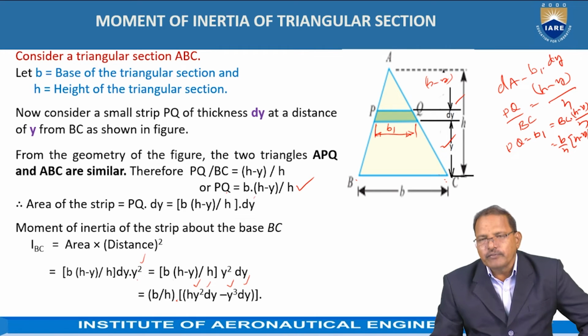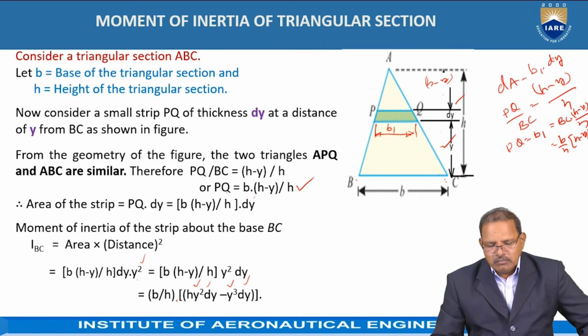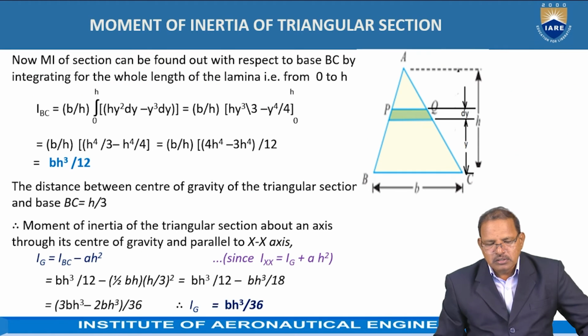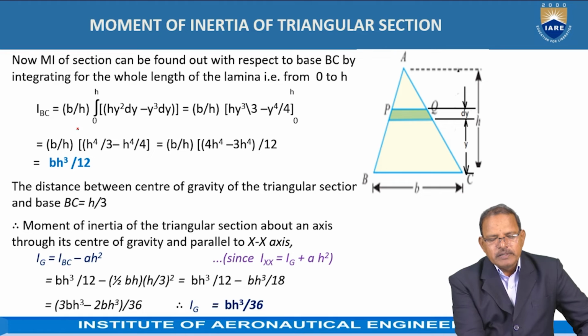The total moment of inertia possessed by the triangle about the line BC is obtained by integrating the above equation from 0 to the height of the triangle, that is 0 to h. That is, IBC is equal to b by h times the integral from 0 to h of h y square dy minus y cube dy.